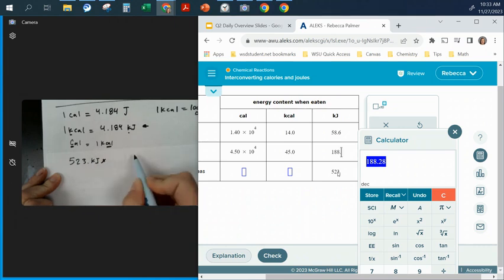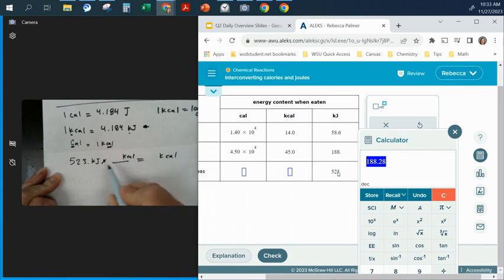I need to end up with kilocalories. So I need my unit conversion that has kilocalories. I'm going to cancel out kilojoules, so that goes on the bottom. 4.184 kilojoules for every 1 kilocalorie. So kilojoules cancels out, and then we'll do 523 divided by 4.184.